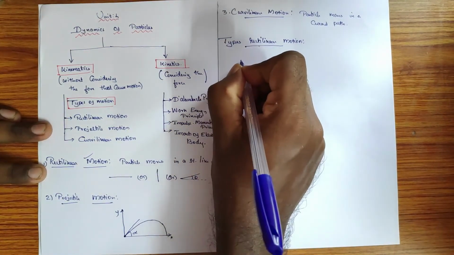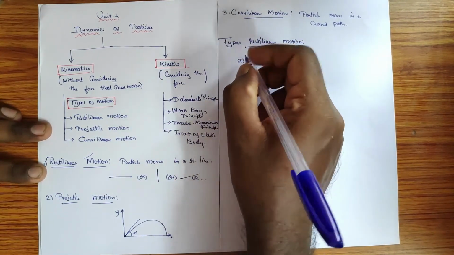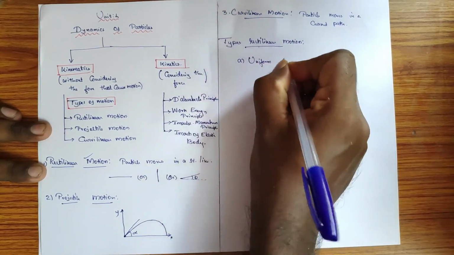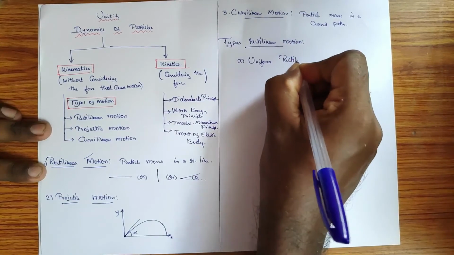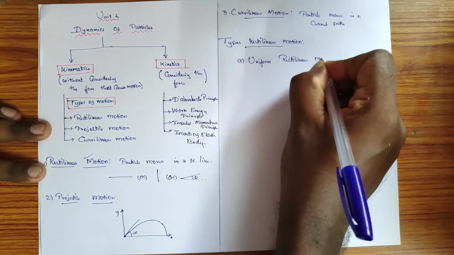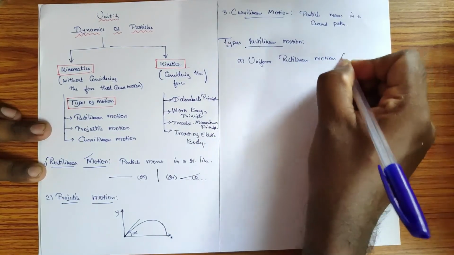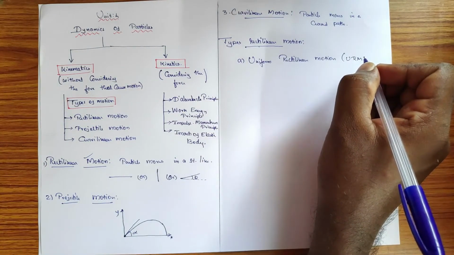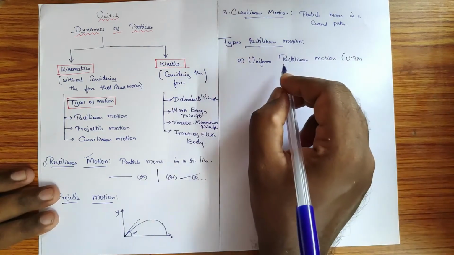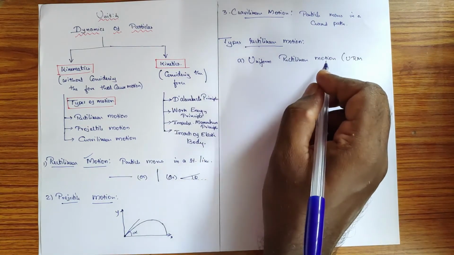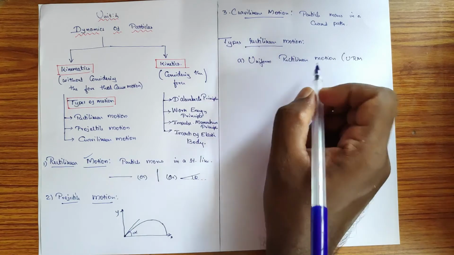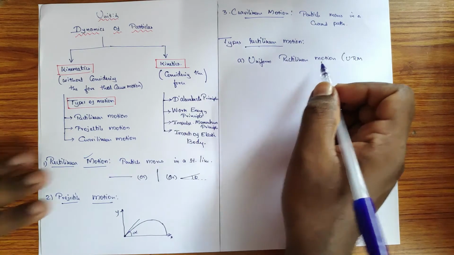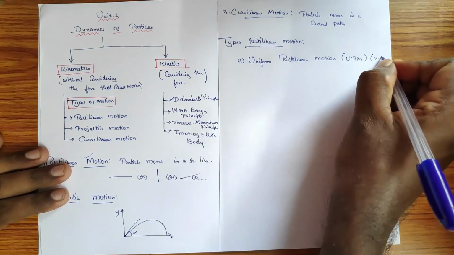One is uniform rectilinear motion, in short UM. We call it uniform rectilinear motion if the particle moves in a straight line with constant velocity. That's the important thing. Here the velocity will be constant.